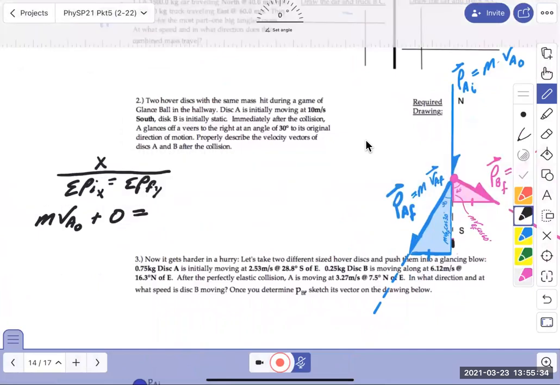Okay, so then let's go ahead and finish this. Then that is m v a final cosine 30, add those two legs up, plus m v b final cosine 60. Okay. Now, what can I do with my m's?